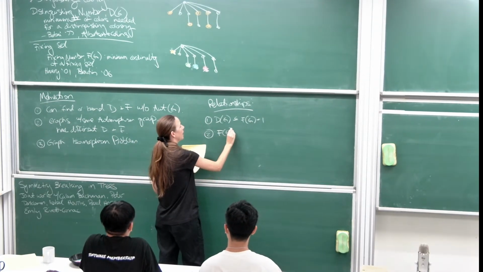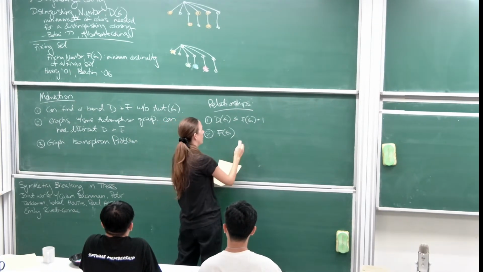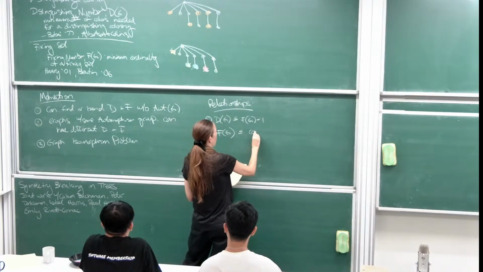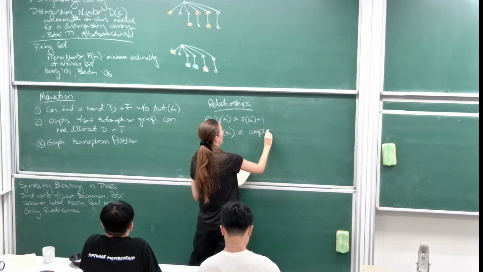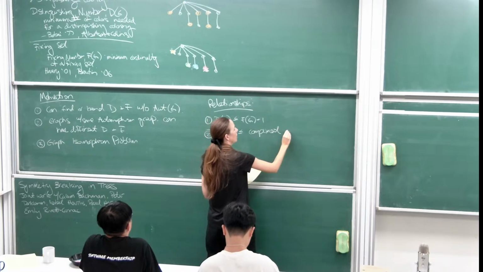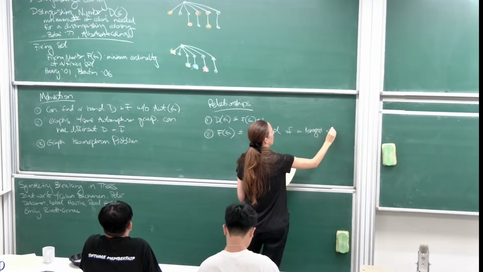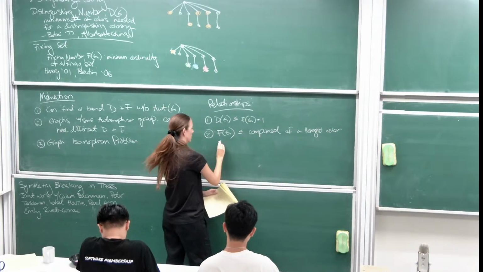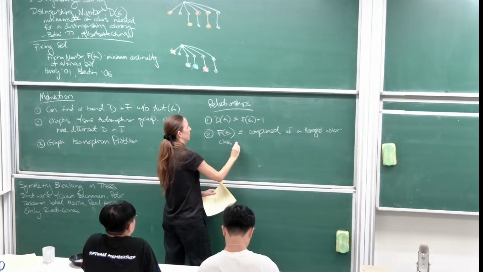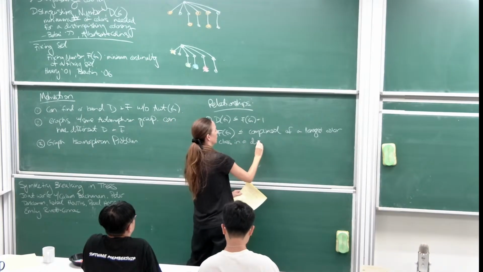So let me say the fixing number is bounded by the complement of a largest color class in a distinguishing coloring.